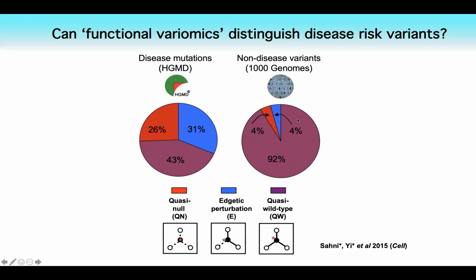This was verified later by a very nice comparison using the 1,000 Genomes, the common variants found in healthy people, where the vast majority, 90%, are not changing protein interactions, so they behave like wild type. This whole set of data validated our approach, functional variomics, as a valid platform to study disease, stratify disease risk, and interpret different disease mutations.